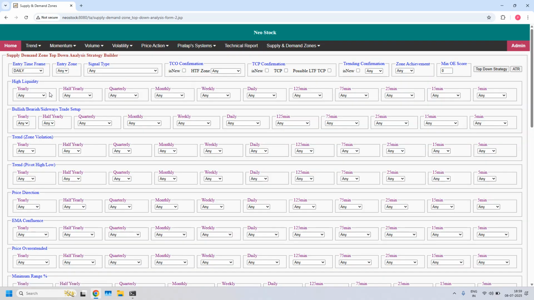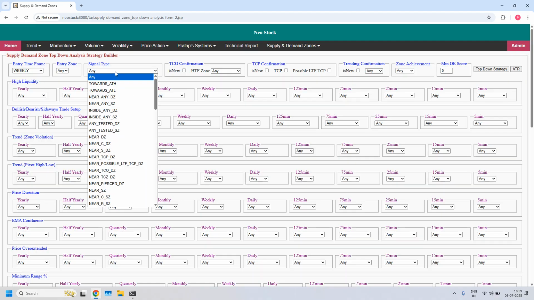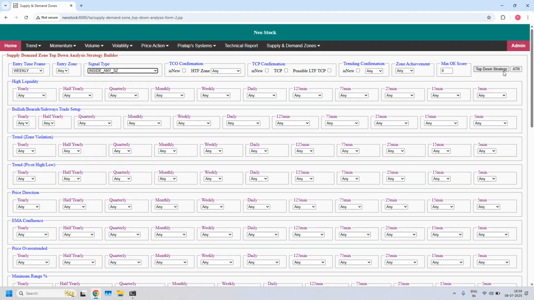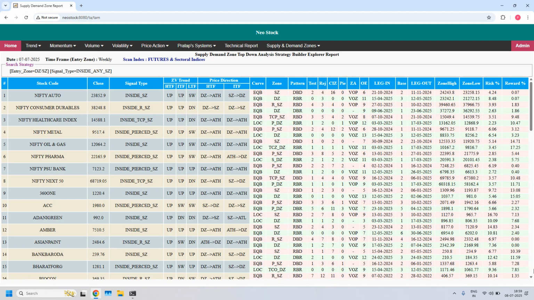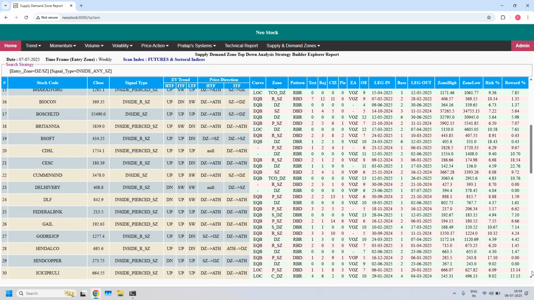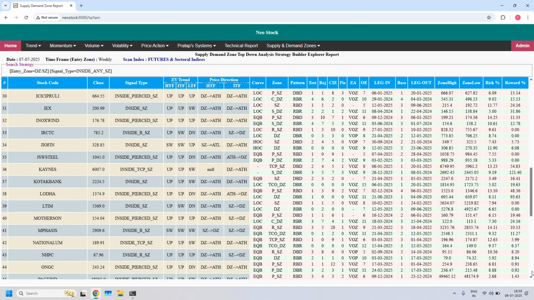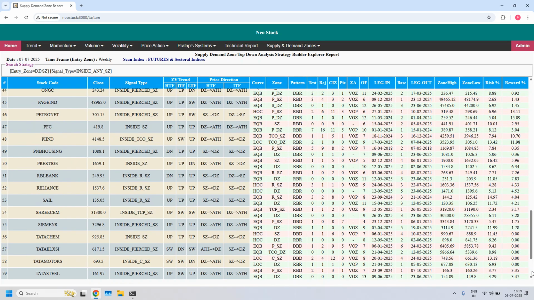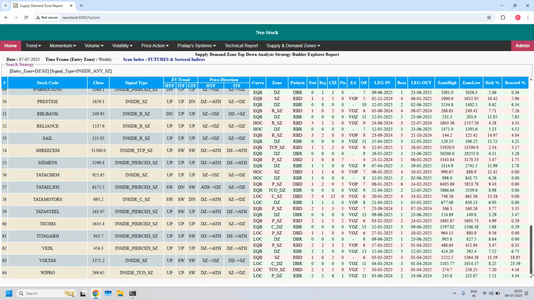Next, price closed inside the weekly supply zone. We got a big list. I am scrolling the list down. First 15 stocks in the list. 64 stocks are filtered.